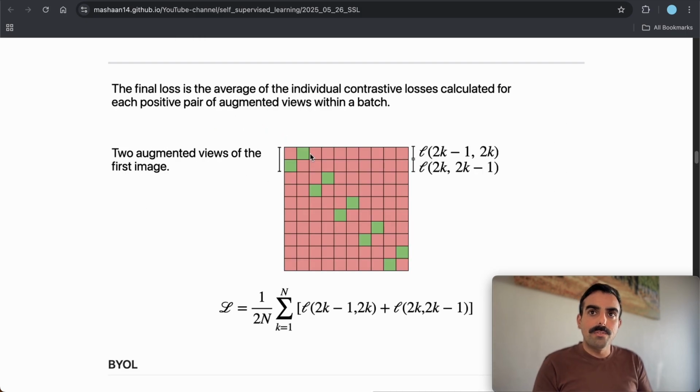We make it a binary classification task. With one positive pair, we're saying that this is the same image, but everything else is a negative. I didn't like this idea because it might introduce some bias into the data set. It might break some clusters.